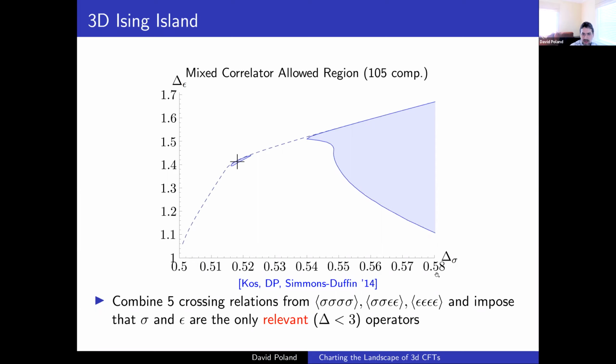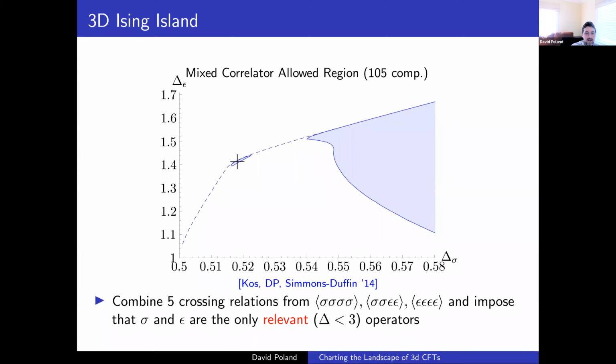The scaling dimensions in that theory were like 0.58 and 1.58 on this plot, so it's sitting right up here. I say almost because it has another operator at dimension like 2.9. So it doesn't quite satisfy this assumption that sigma and epsilon are the only relevant operators, but it almost does. So that approximate solution is in this region.